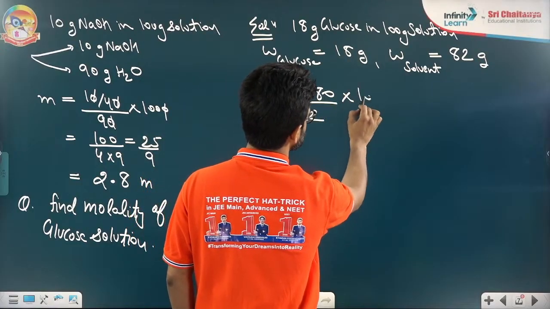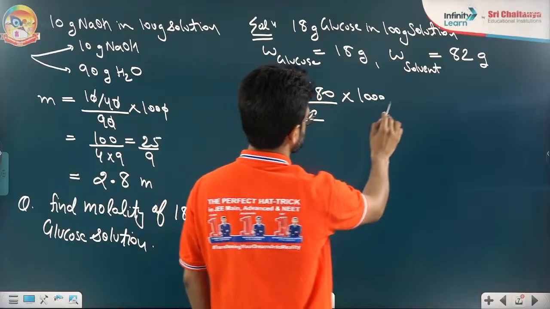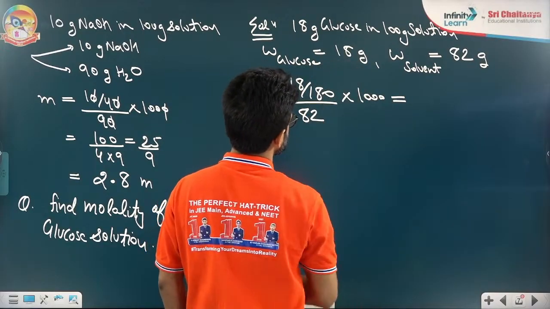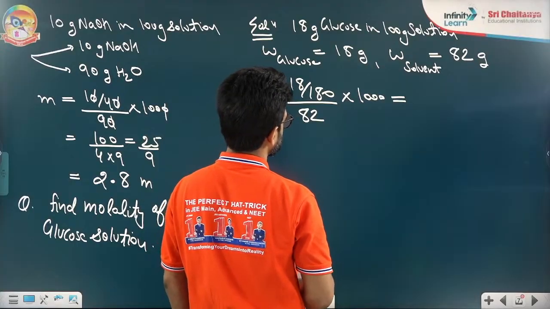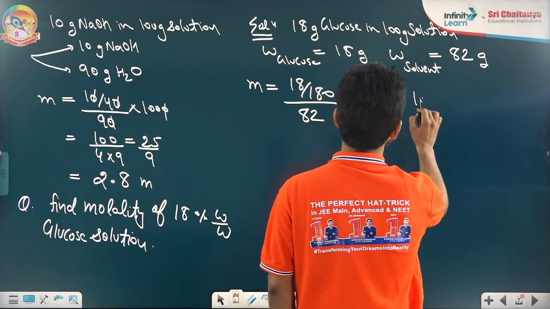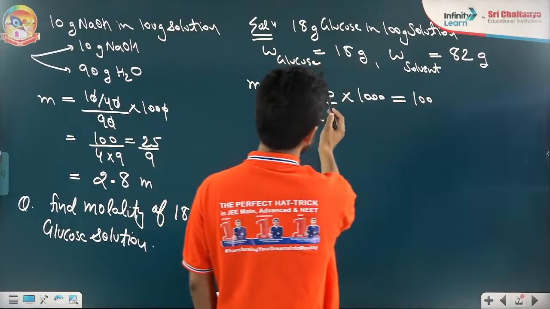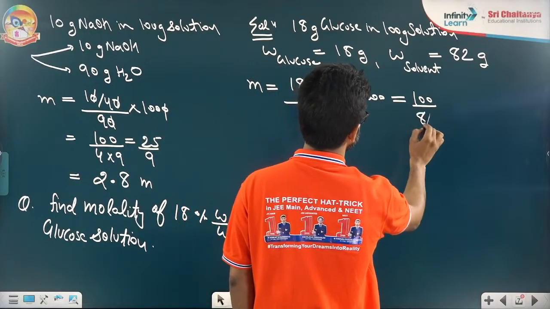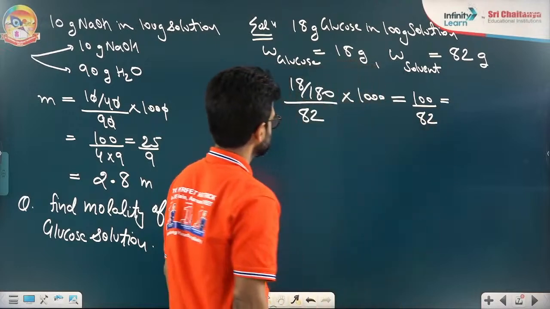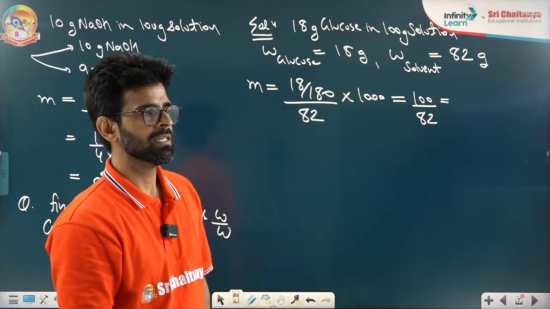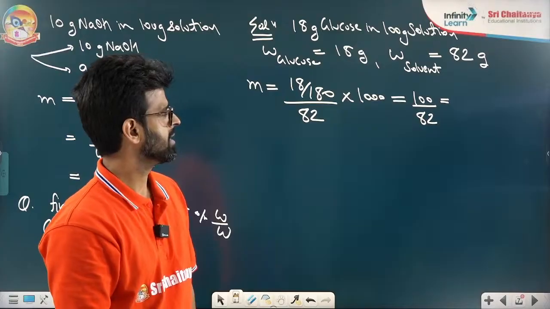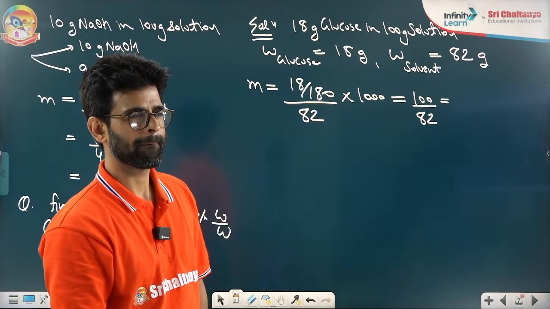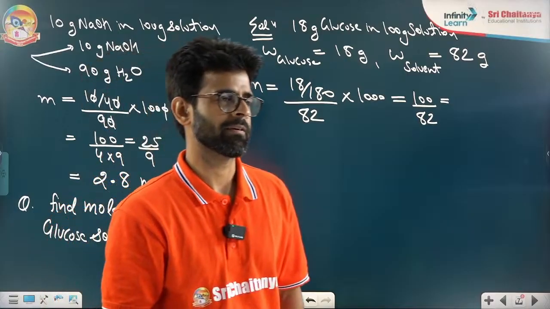Make it kg, beta, by dividing by 1000. So from here if you solve 18 into 180, how much is coming? 10. 1000 is upside, it will cut down one of the 0s. So 100 by 82 is coming. If you solve this, what is coming? Okay, 1.21.